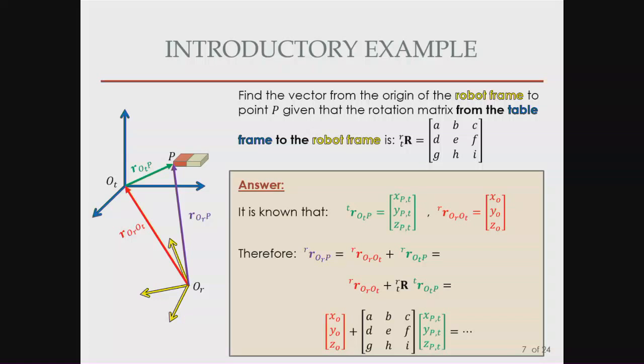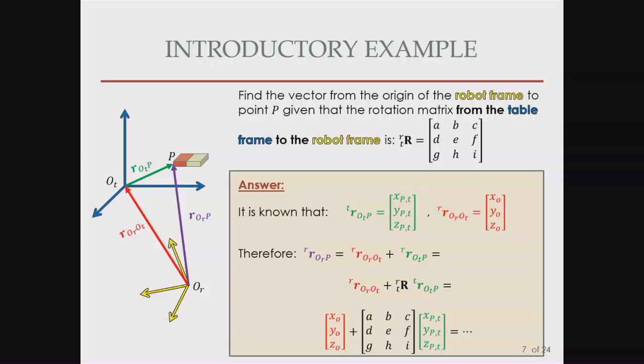So what do I want to do? If I want to get the result in the robot frame, this R is already in the robot frame, the way it was given in this example problem. And this vector was given in the table frame.